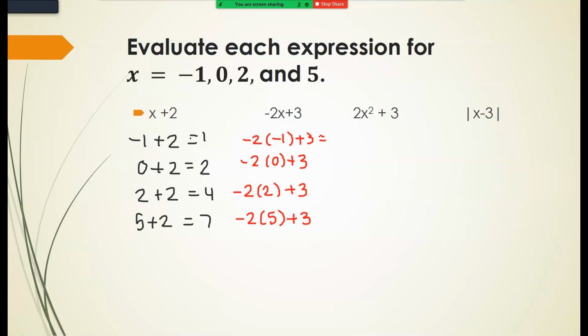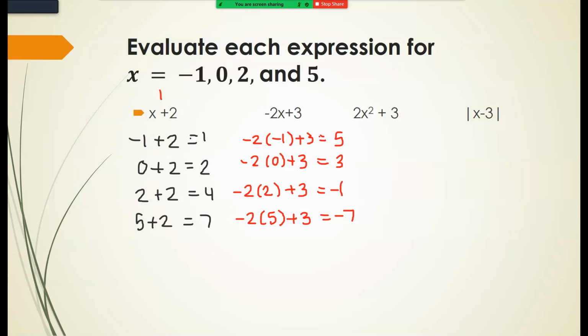So we get 5, 3, -1, and -7. And it should make sense to us that these numbers are decreasing because the slope of the line is negative, so it's going down.